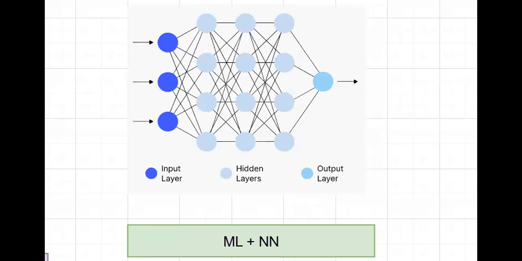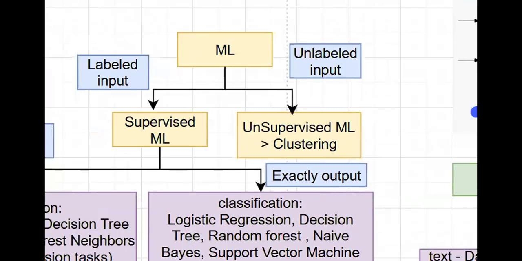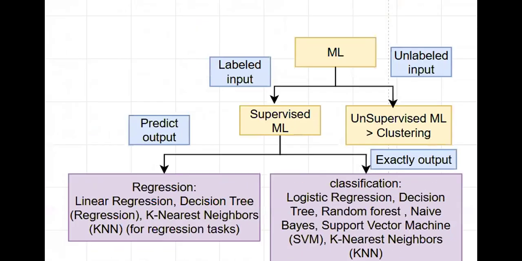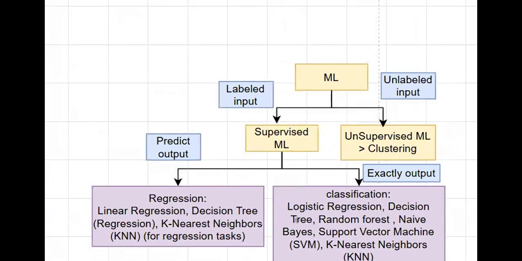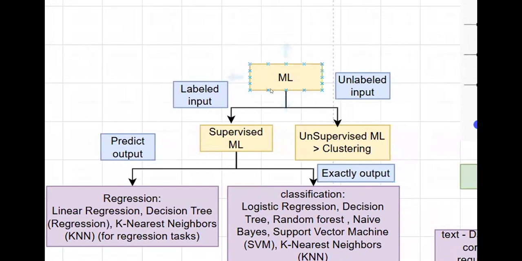Hello guys, welcome back. In this video, let us understand how to create an ML model by using neural networks. Till now, we have seen how to create regression based models or classification based models directly by using ML algorithms.